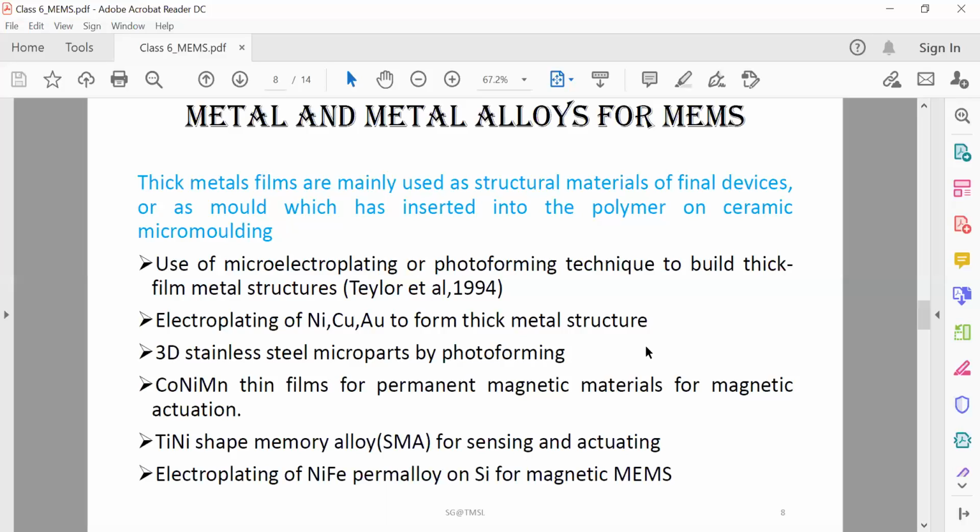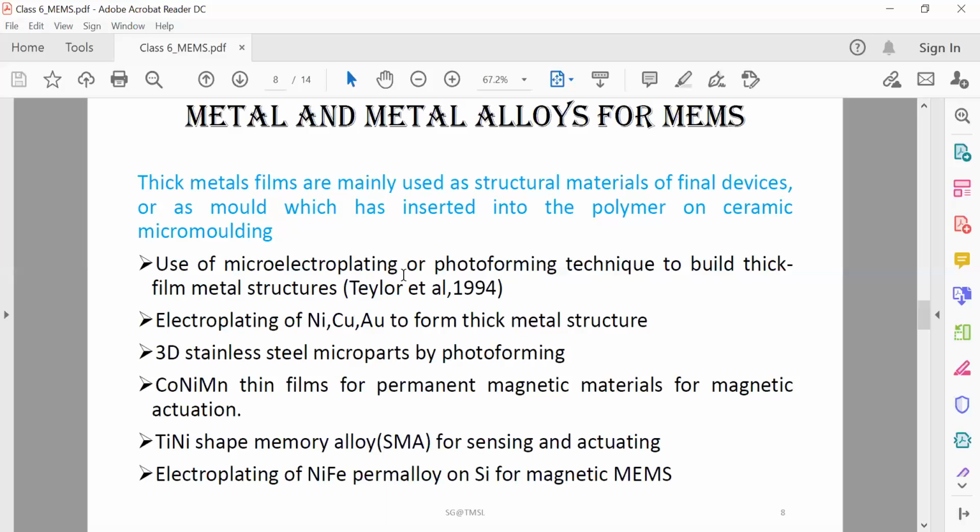Now, other than this micro molding, there are other techniques which are mainly micro electroplating or photoforming. These are used to basically build thick metal film structures for different components of the microsystem or MEMS based devices.